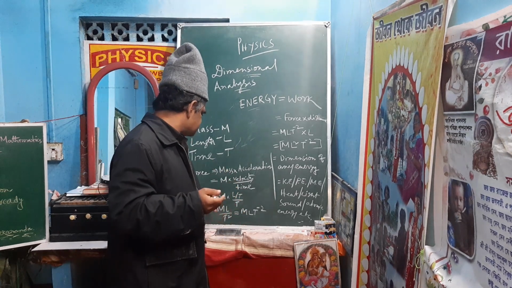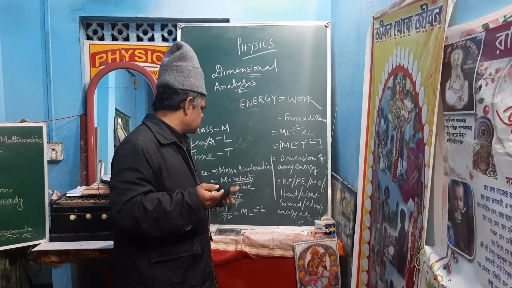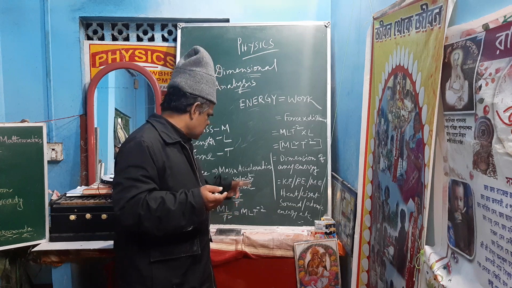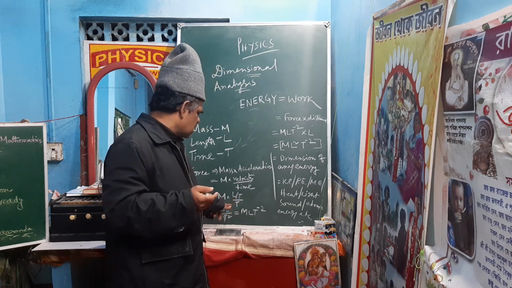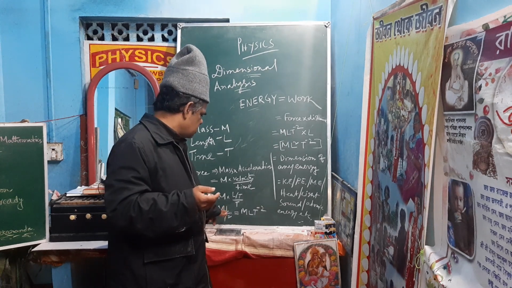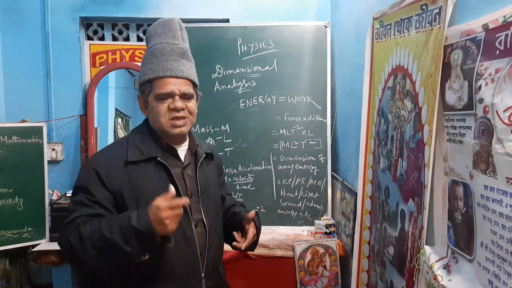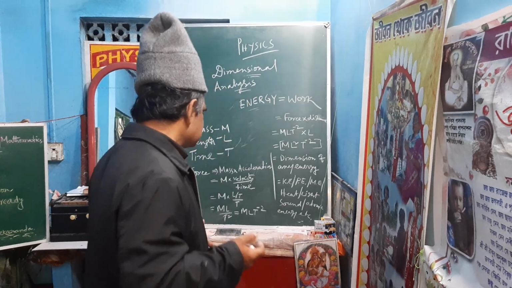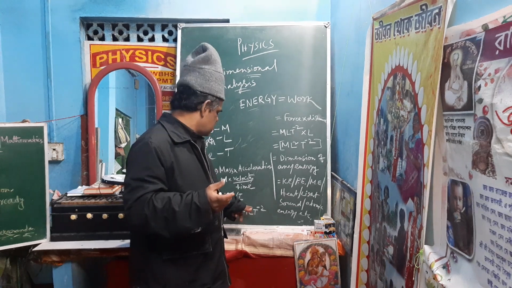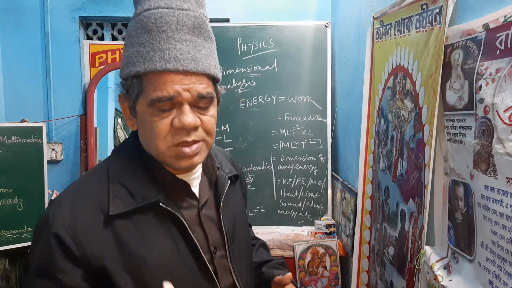That's why mass into L by T, velocity means displacement by time, that's why L by T, and again by T. So it will come L by T square. When it is written in the form of dimension, I can write mLT minus 2. Right? So this is the dimension of force according to Newton's second law of motion.